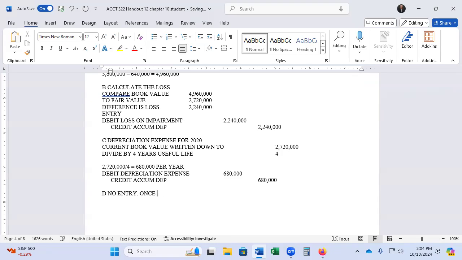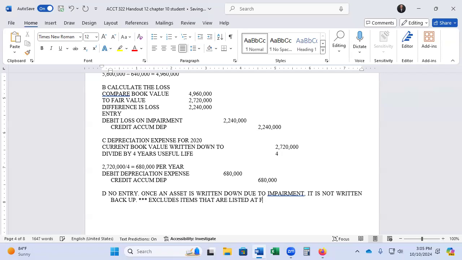Once an asset is written down to impairment, it is not written back up. And just a little note here, this excludes items that are listed at fair value, which we don't do for property, plant, and equipment.